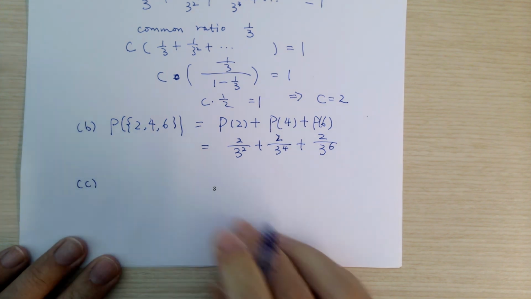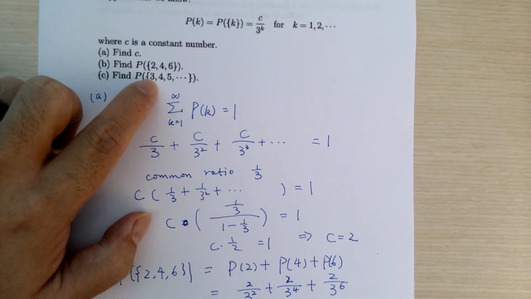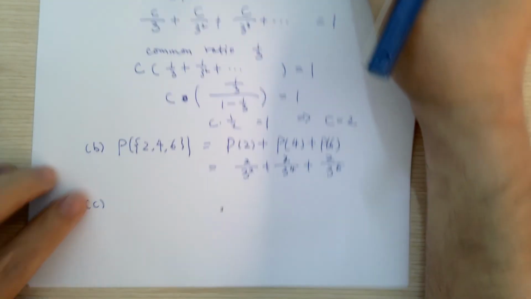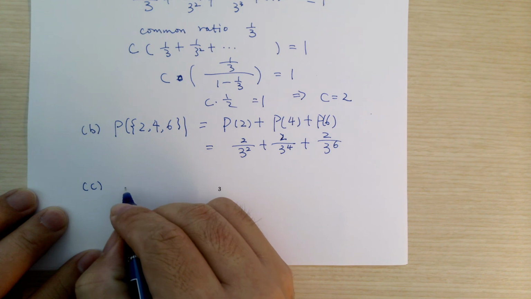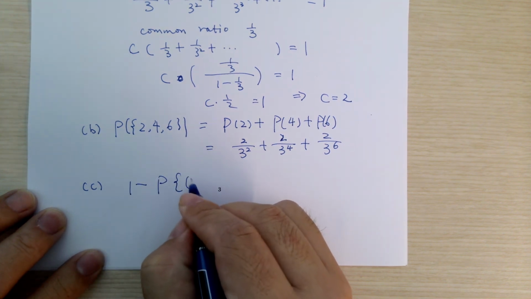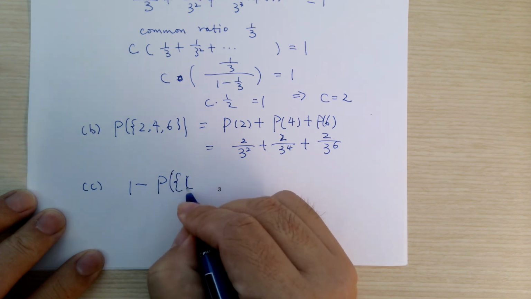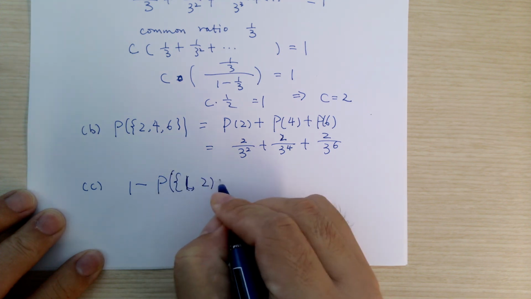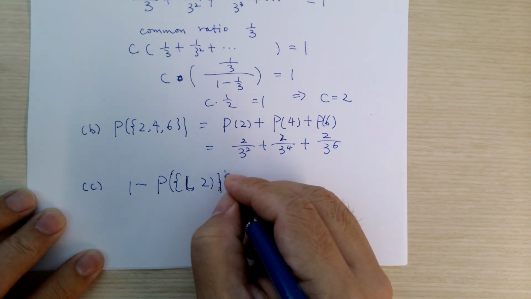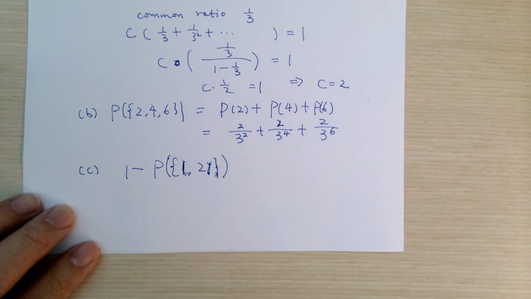Part C asks us to find the probability of {3, 4, 5, ...}. What we can do is take 1 minus the probability of {1, 2}, using the complement here.